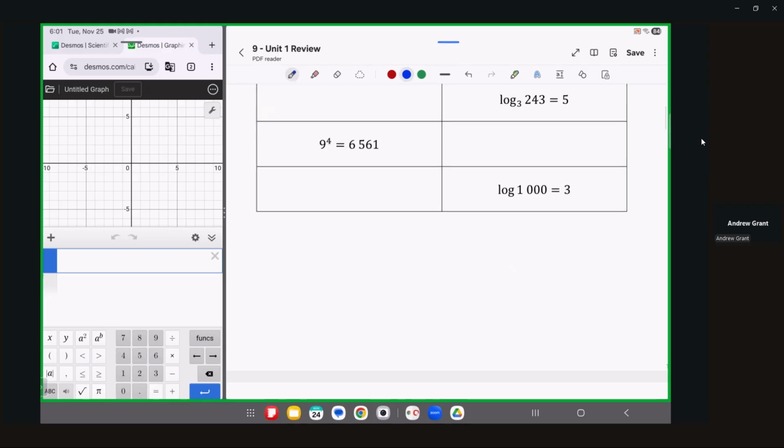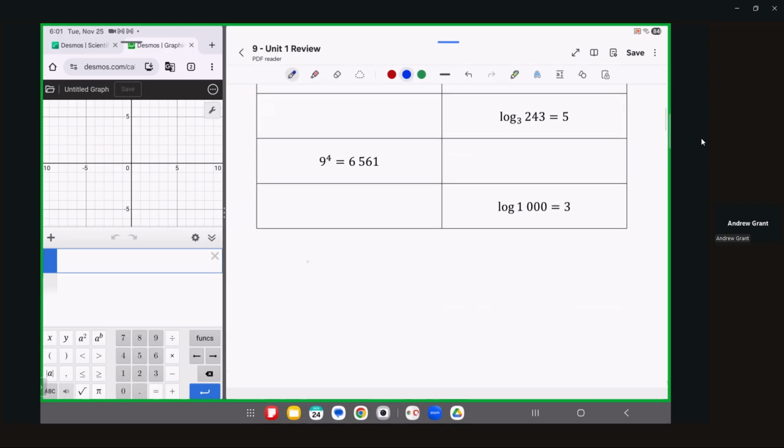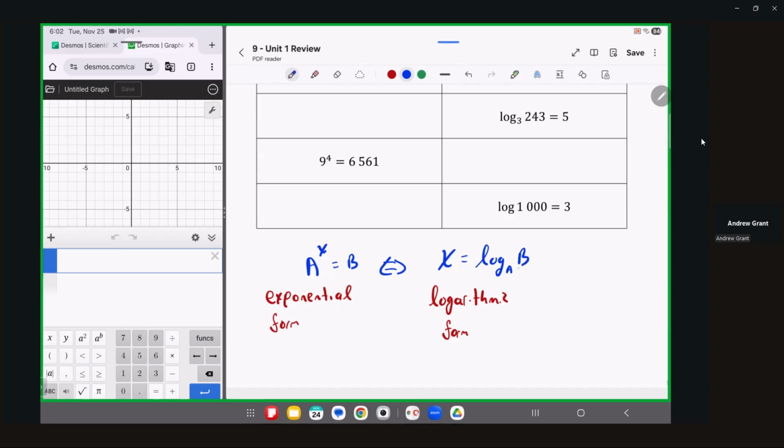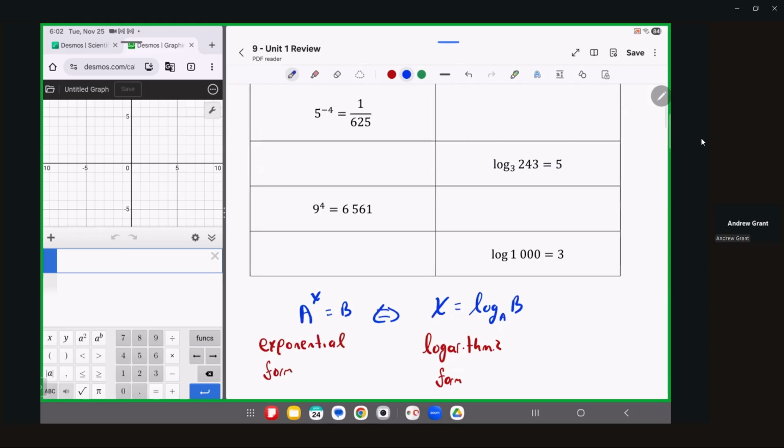Recall that if you had something of the form a to the power of x is equal to b, this is your exponential form, and the logarithmic form would be x is equal to log base a of b. So a to the power of x is equal to b is equivalent to x is equal to log base a of b.